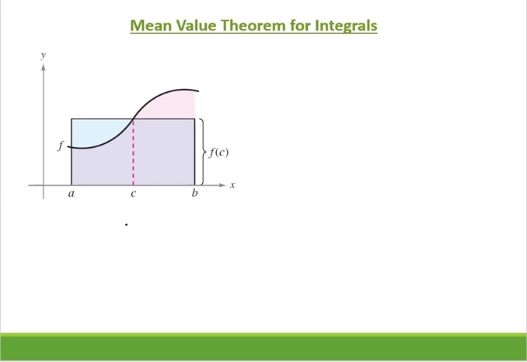Said another way, the area under the curve from a to b of f of x dx equals the area of this rectangle that they have drawn out. Remember, the area of that rectangle is equal to f of c, my height, times the width, which is b minus a.